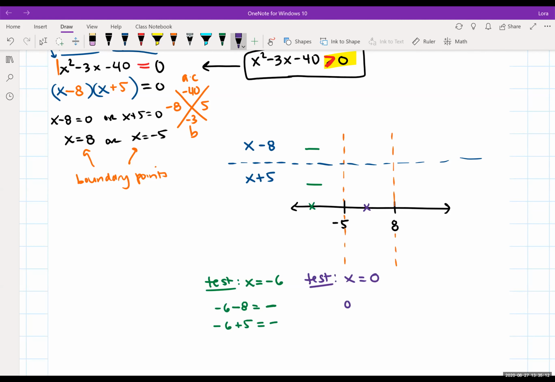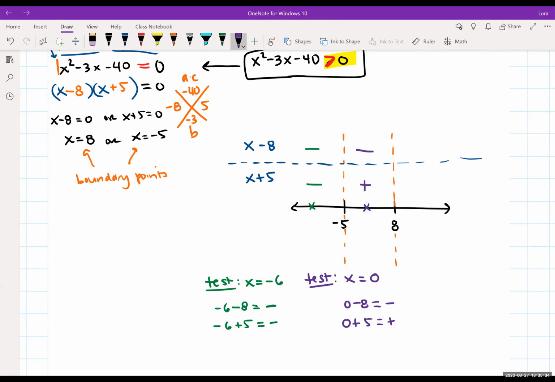So what do we have? 0 minus 8, which gives us a negative number. So here again, I'm charting the sign. And 0 plus 5, which gives us a positive number. So here I would draw a positive sign in that area.